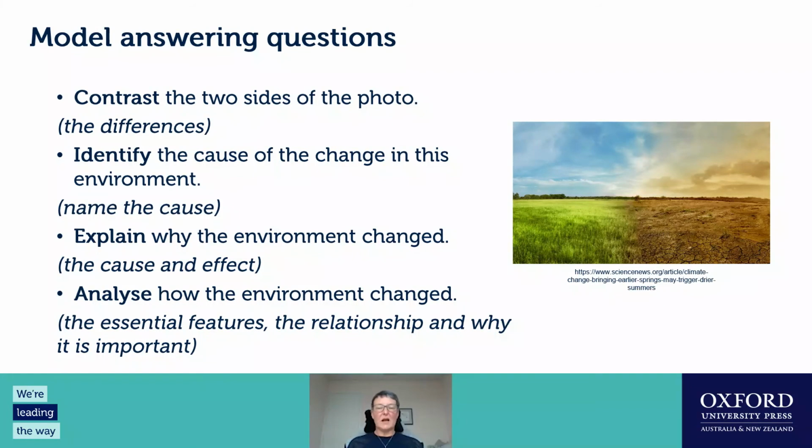You've got different skylines, different types of plants. You might be looking at why that might have occurred, so if it's the same environment, how that might have changed. You can see the level of complexity increases as you go. You've got to have that consistent approach so the students know how much depth to go into, and it's a way of getting that critical thinking happening a lot faster.